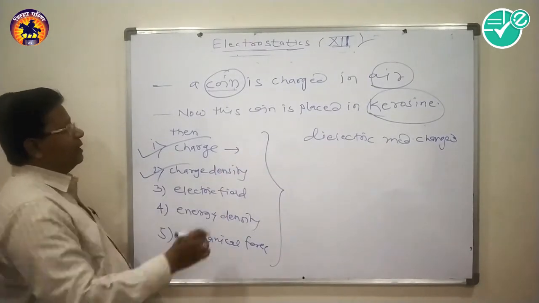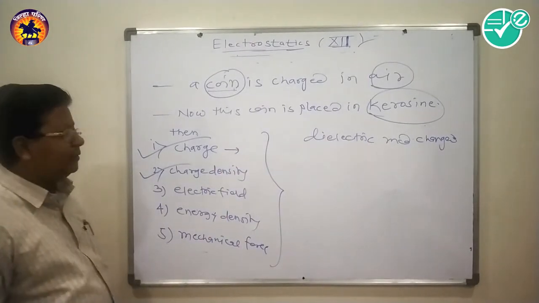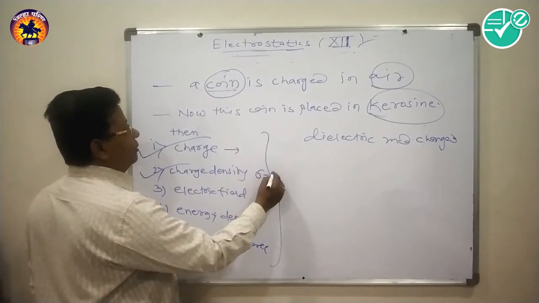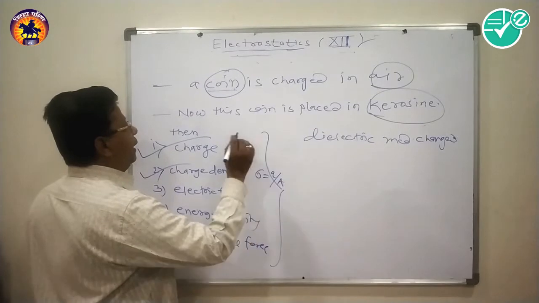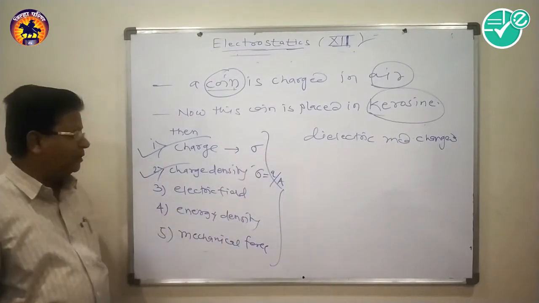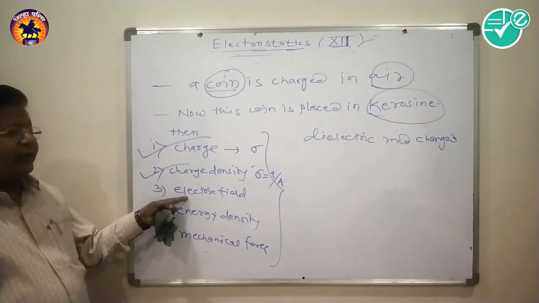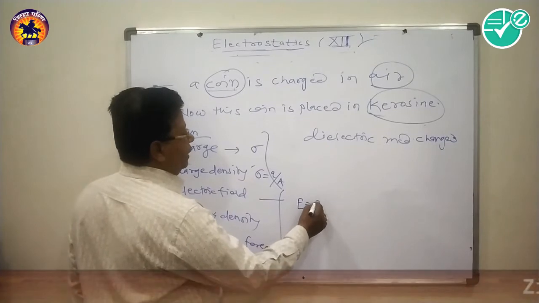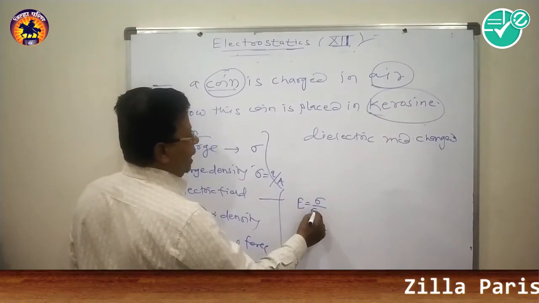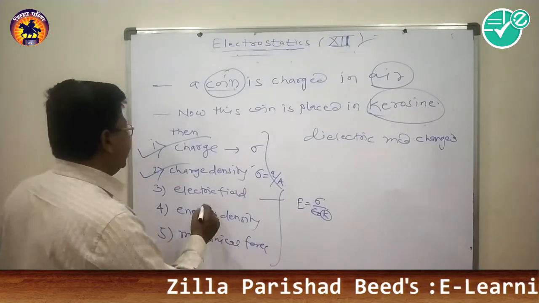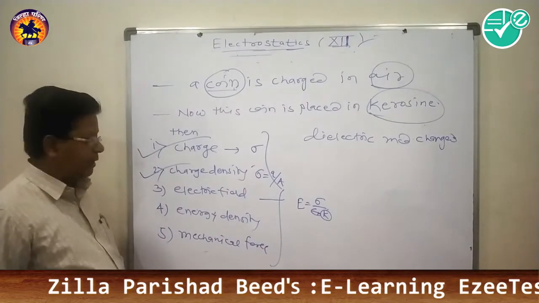Then charge density will also remain the same, because surface charge density sigma is equal to Q by A. As charge is the same, therefore surface charge density is the same. But the electric field intensity is given by E equal to sigma divided by epsilon 0 K. As this K changes, the electric field also changes.